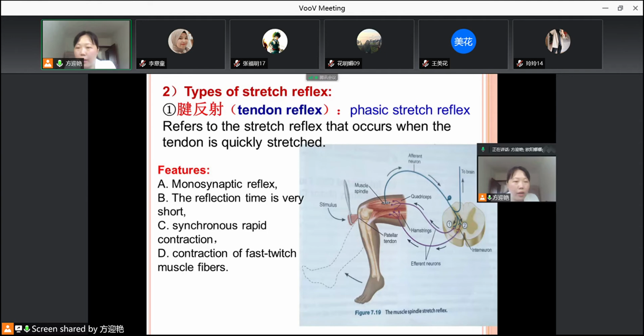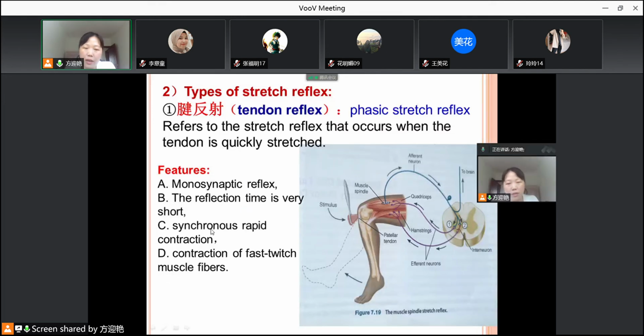Yes, thank you. We found that the tendon reflex is very fast because there is only one synaptic connection. So it is a monosynaptic reflex, and the reflex time is very short because it is fast.